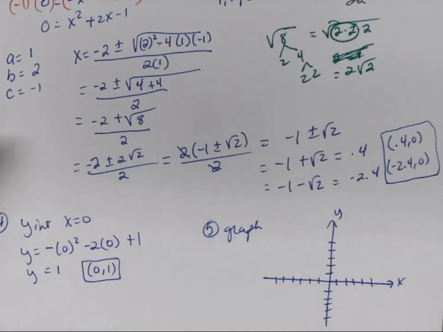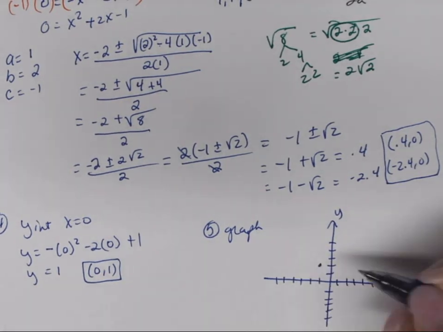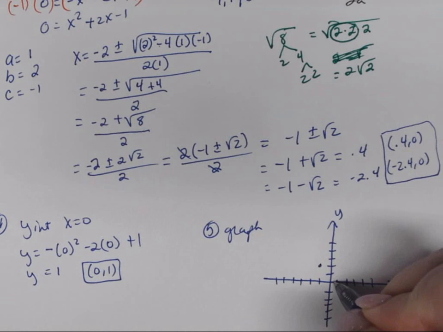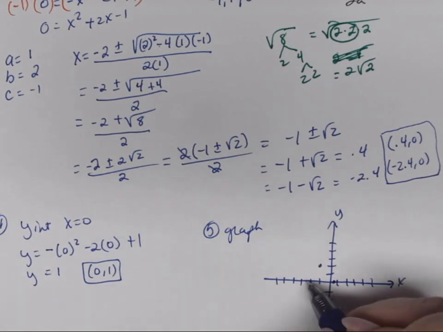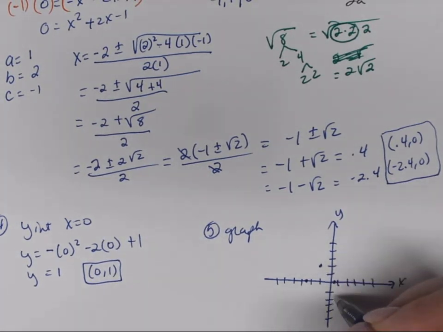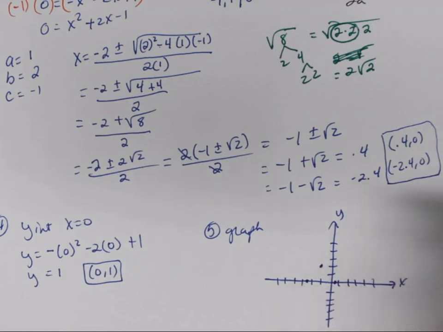We don't have very big numbers. All right, so our vertex was at negative 1, positive 2. Our x-intercepts were 0.4, which is almost a half, so I'm going to count that at about a half, and about negative 2.5. And then our y-intercept is at 1.